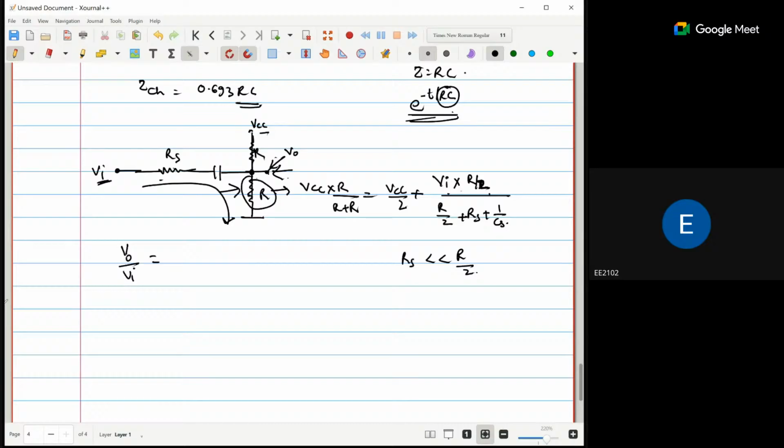So in this equation, I just use this term: VCC by 2 plus Vi times R by 2 upon R by 2 plus 1 by CS.